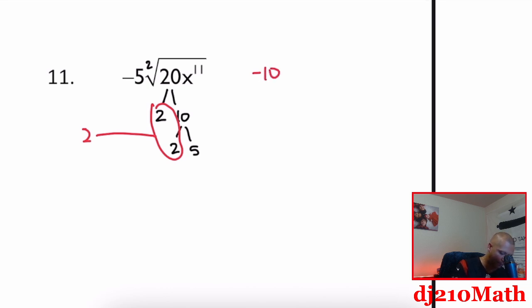Not only that, but how many pairs of 2s are in 11? There's 5, because 2 times 5 is 10, with 1 left over. So x to the 5th. And the thing that's left over, a single x.